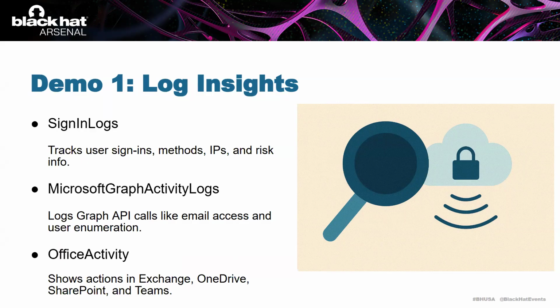The Microsoft Graph activity logs let us see what the attacker did in terms of enumeration by leveraging the Graph API. And finally, the Office activity table essentially captures the M365 logs related to email and files, so we can see exactly what emails were accessed, what files were accessed.